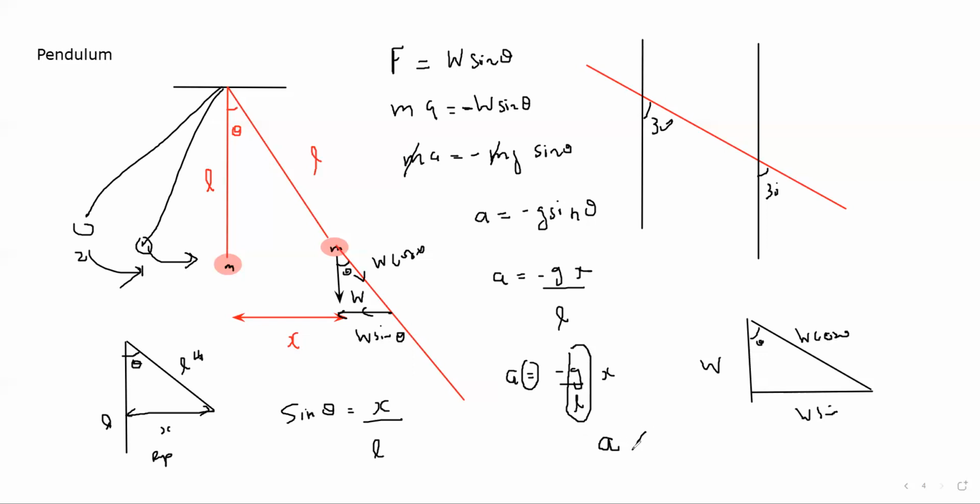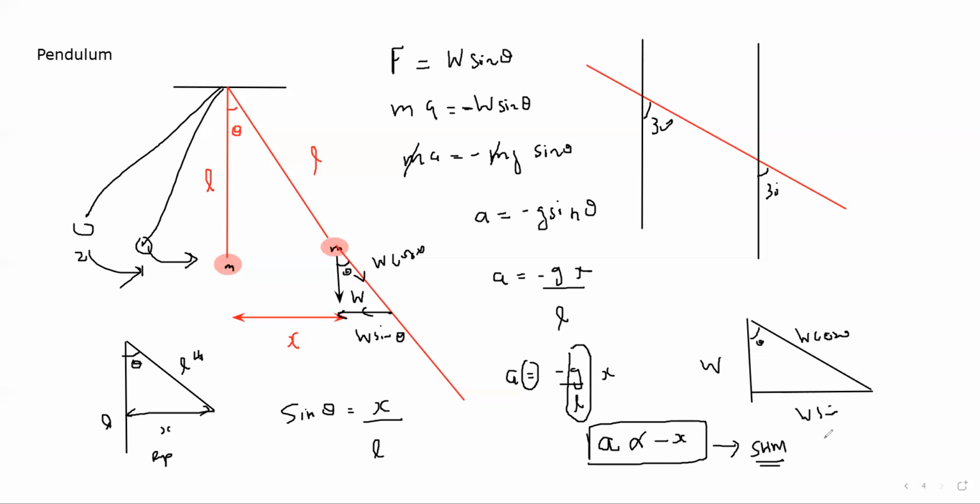So I can say acceleration is proportional to displacement, and the motion is towards the fixed position. So this statement, that acceleration and displacement are directly proportional and the direction of the motion is towards the mean position, is the statement for a simple harmonic motion. So this shows that this object is performing a simple harmonic motion.